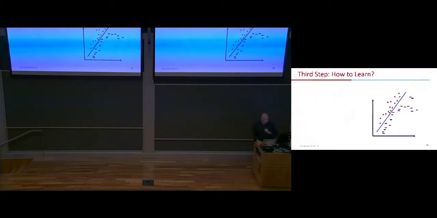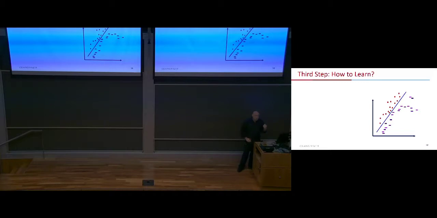Okay. So now we talked about modeling, we talked about representation. We're going to just start talking about the third step in my 3-step slide: modeling, representation, and learning. How to learn. So now my goal is, I already know how to represent the blue point and the red point.